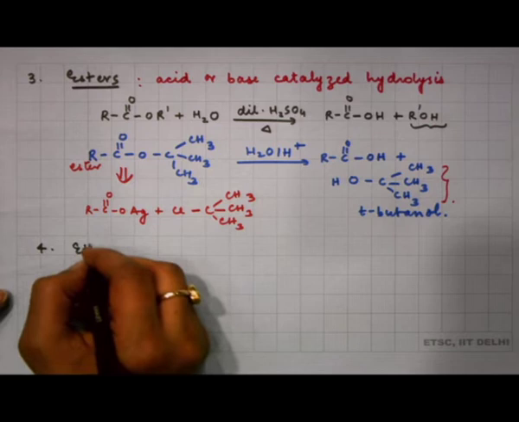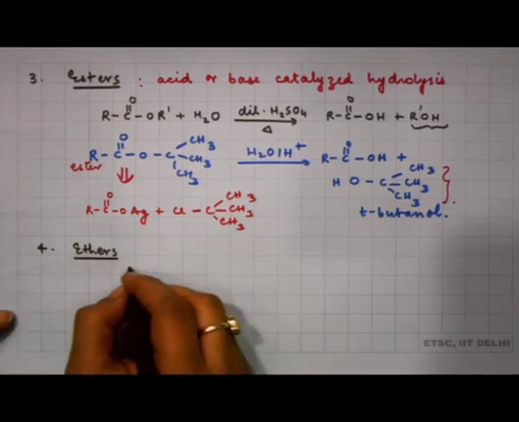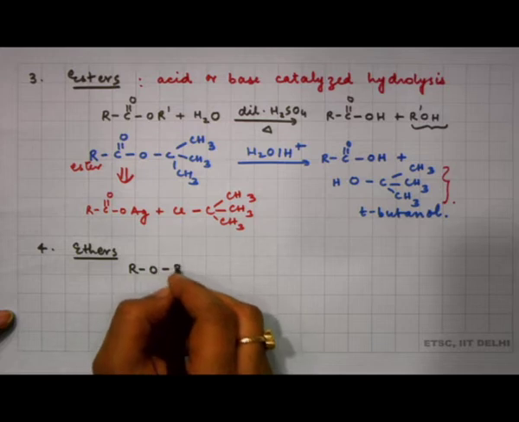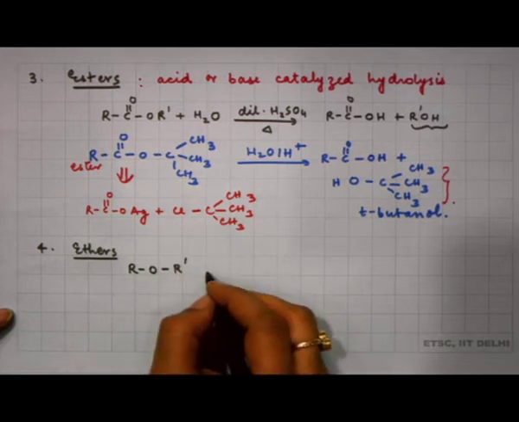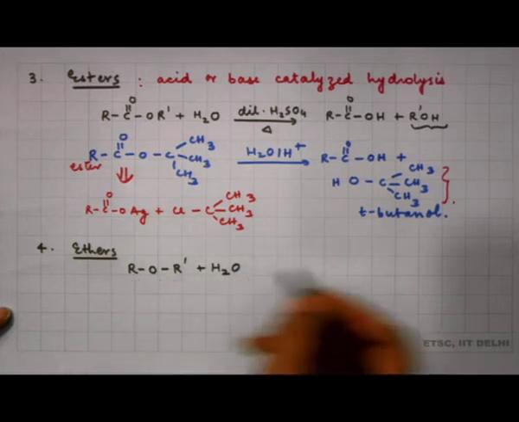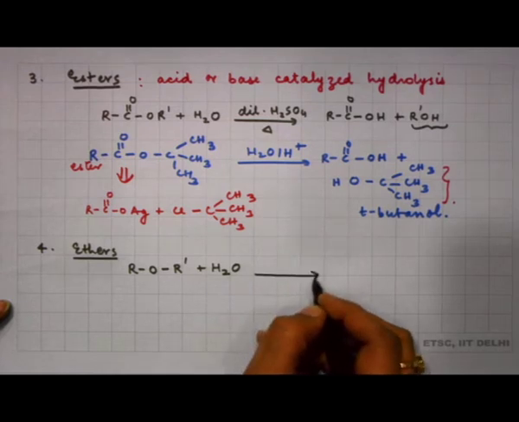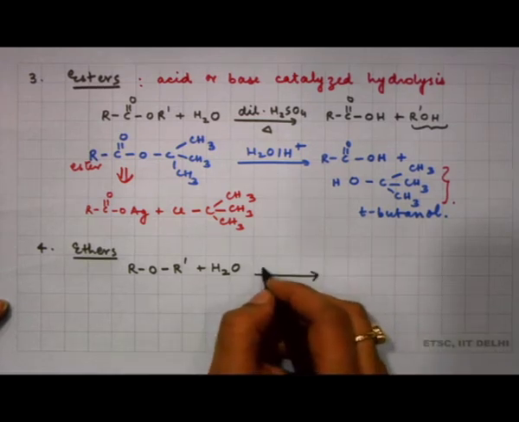The other starting substrate which we can think about is an ether. So, the general way we represent an ether is with ROR dash. If we carry out the hydrolysis, what do we want? This ROR has to be converted to ROH. So, what comes to our mind is that you have to carry out the hydrolysis. Hydrolysis under what conditions?